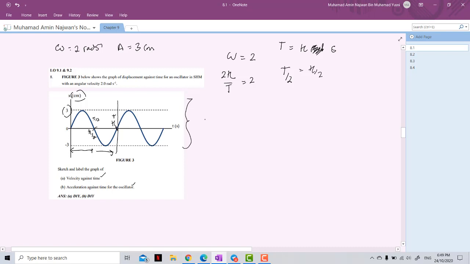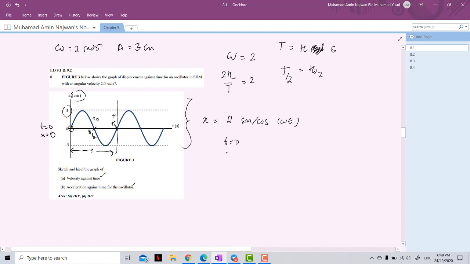So, graph displacement kita tahu X sama dengan A sin ataupun cos of omega T. Tak tahu lagi mana satu sebab kita kena tengok graph ni. So, graph ni, bila T sama dengan kosong, kita punya displacement X sama dengan kosong juga.